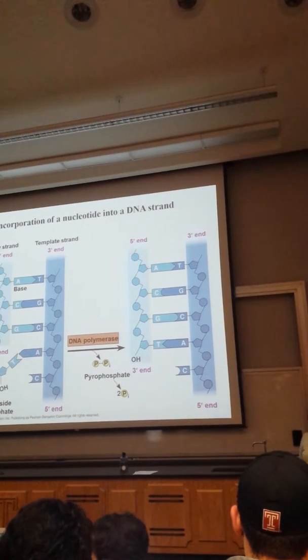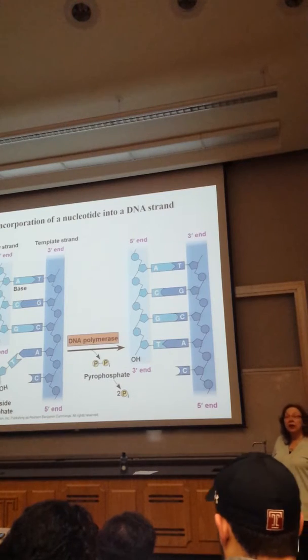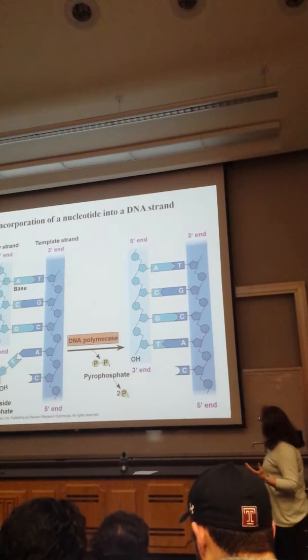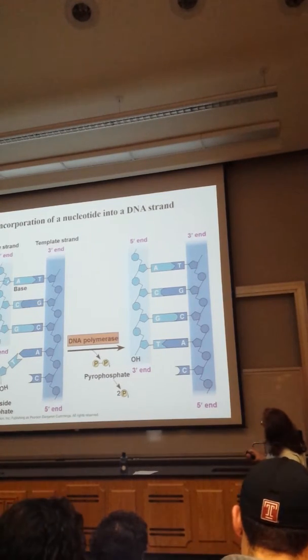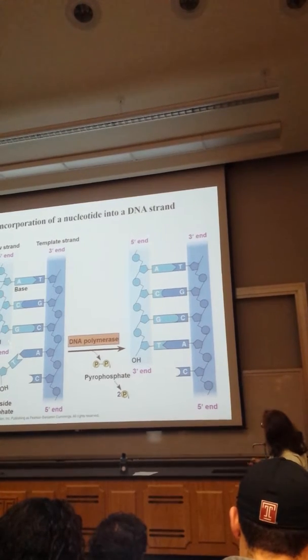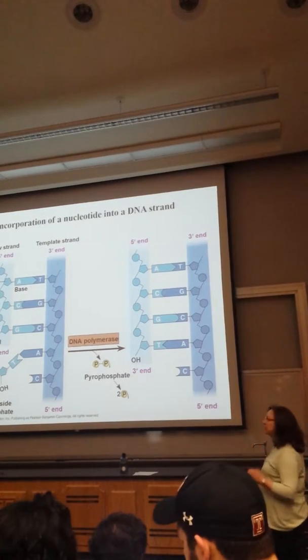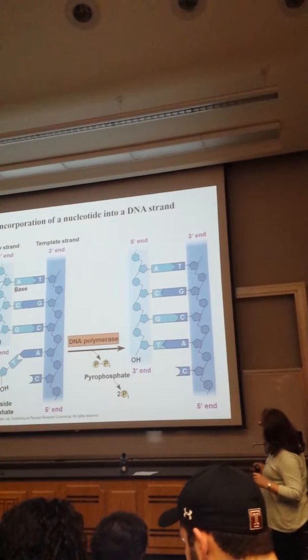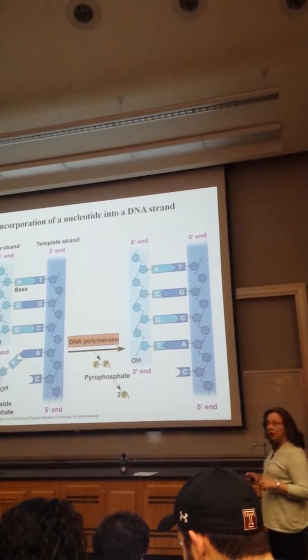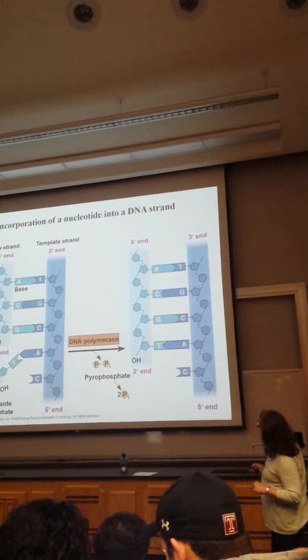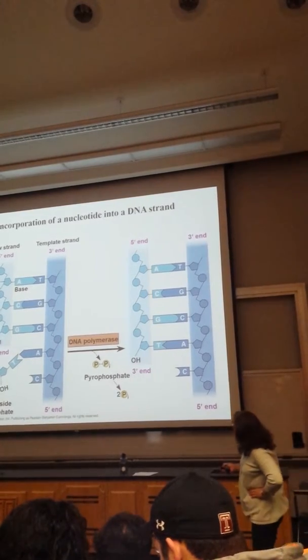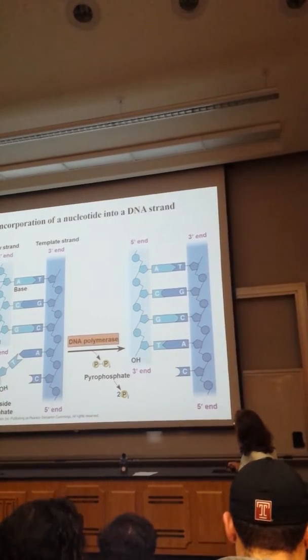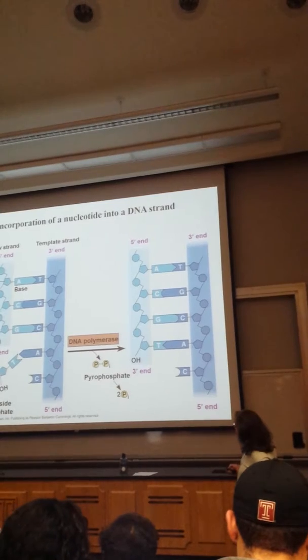And if you recall from our lecture on nucleic acid synthesis, in the process of generating a new strand of DNA, DNA polymerase will bind to a nucleotide, and the nucleotide, of course, has three phosphates: alpha, beta, and gamma.